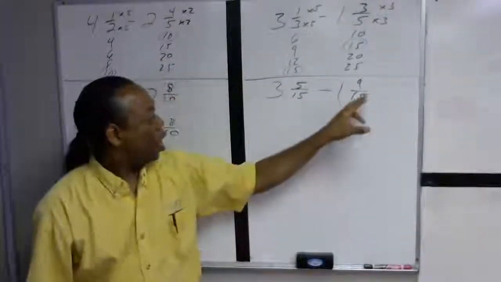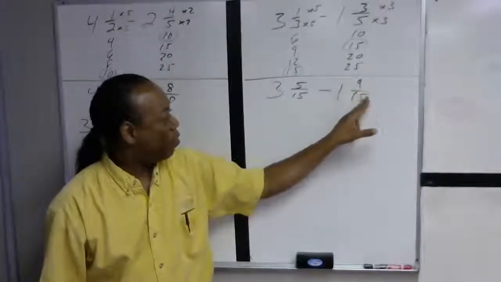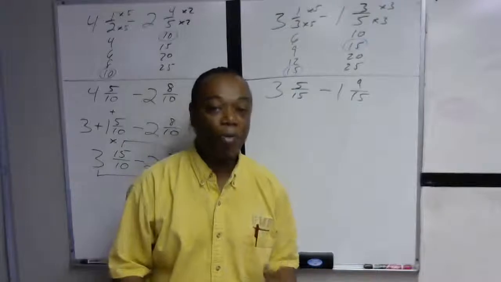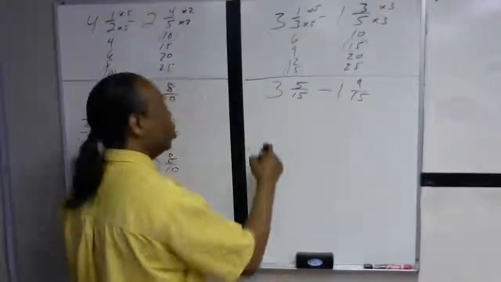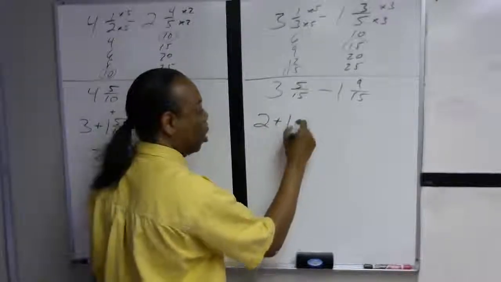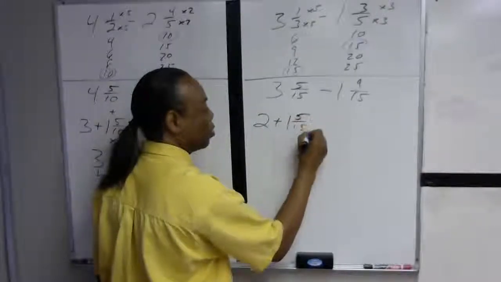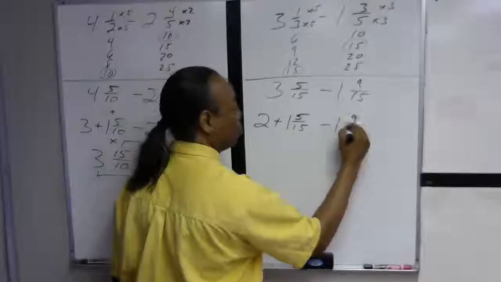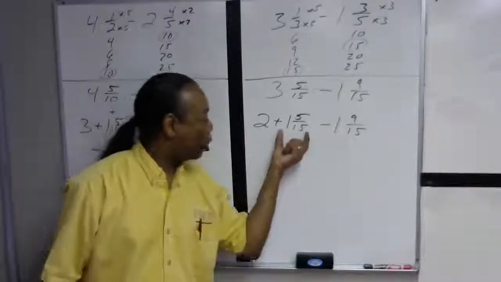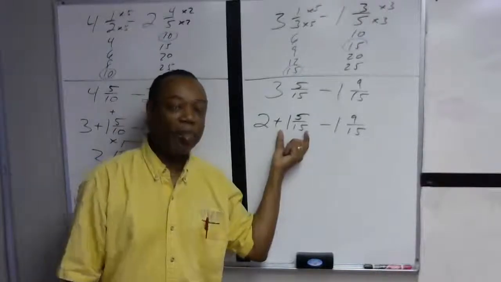Next, I can't subtract 9 15ths from 5 15ths. It's too small. So I need to borrow from the 3. Borrow 1 from the 3, it becomes a 2. And the 1 now goes next to the 5 15ths. Okay. Now I want to combine this right here so it becomes an improper fraction.